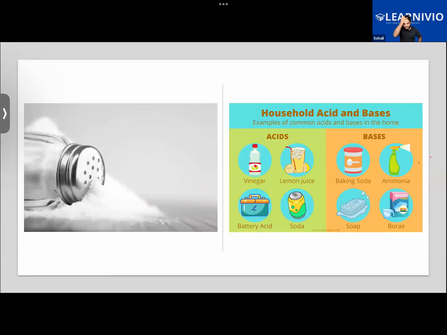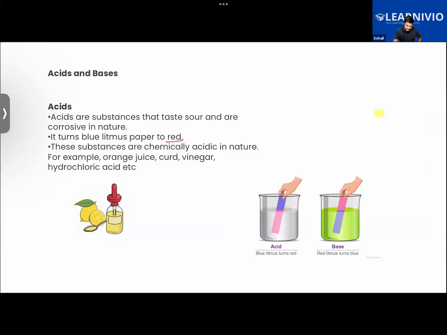So what am I saying? That there are substances that have a sour taste. Furthermore, we will use some indicators to test whether a substance is acidic in nature or not. For instance, we have litmus paper, a kind of acid-base indicator. It tells you whether a substance is acidic or basic in nature.